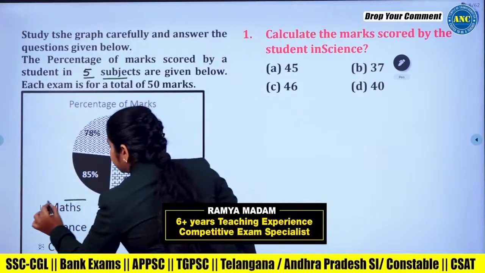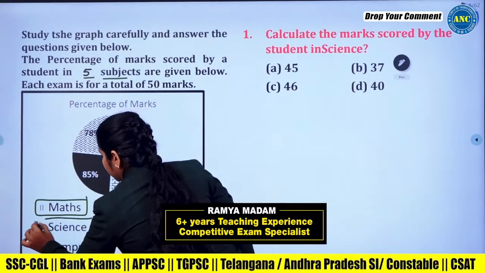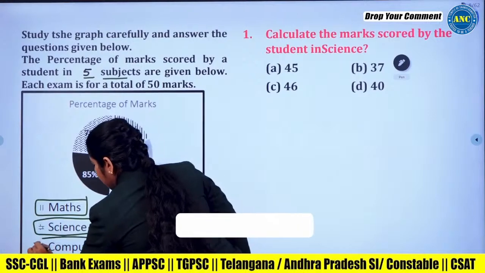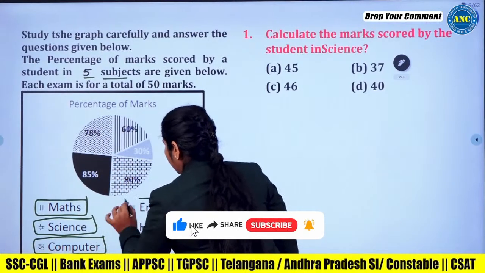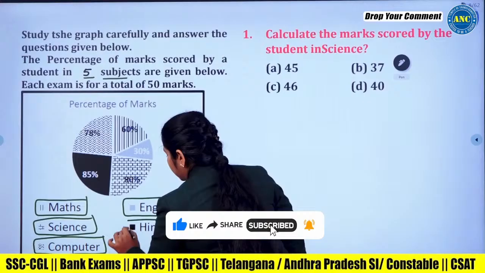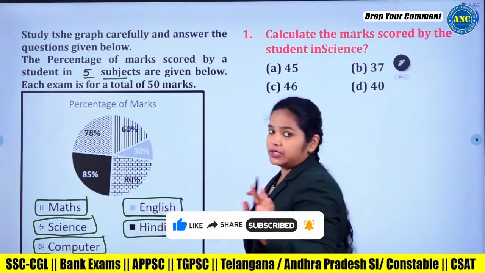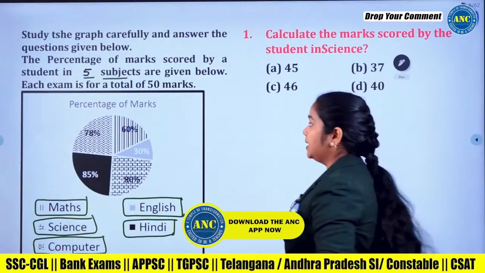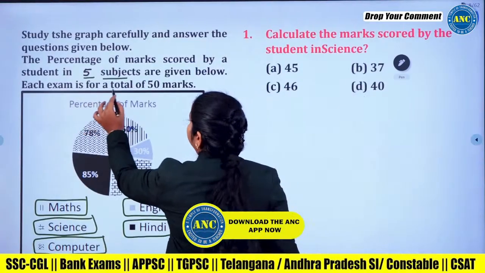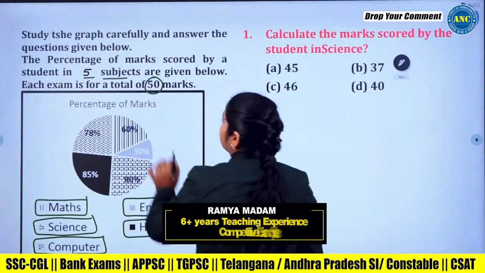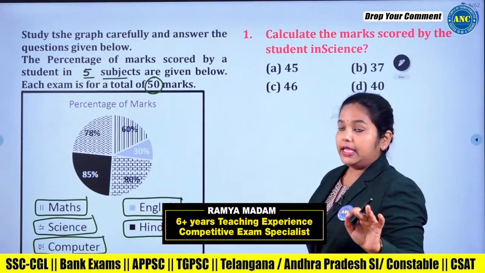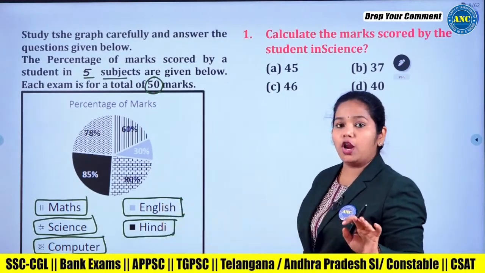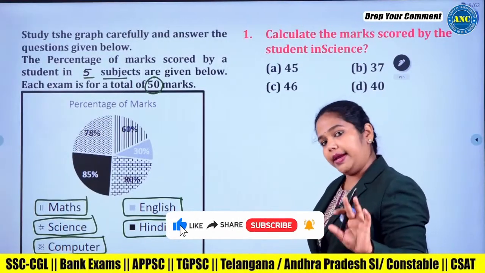What are those subjects? Maths, science, computer, English and Hindi. These are the 5 subjects given. And they are also telling that each exam is for a total of 50 marks.